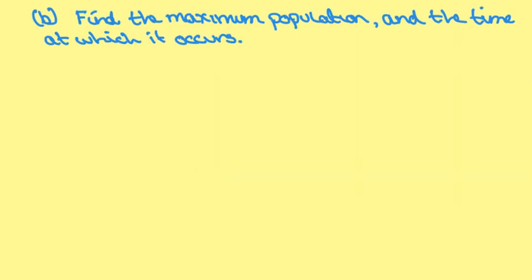B. Find the maximum population and the time at which it occurs. We know that f of t is equal to minus 1/8 t cubed plus 11/5 t squared plus 20.